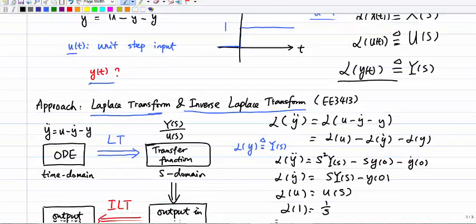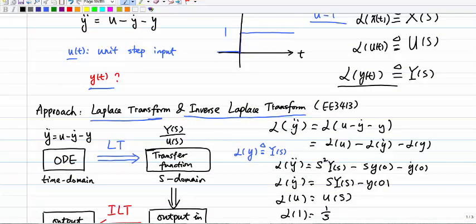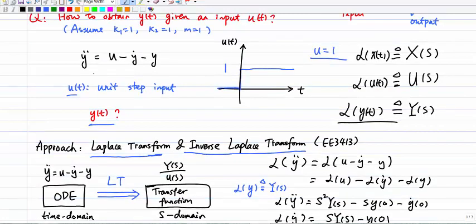So here I can apply the Laplace transform on both sides of the given equation. On the left hand side is y double dot, and the right hand side is L of u minus y dot minus y.